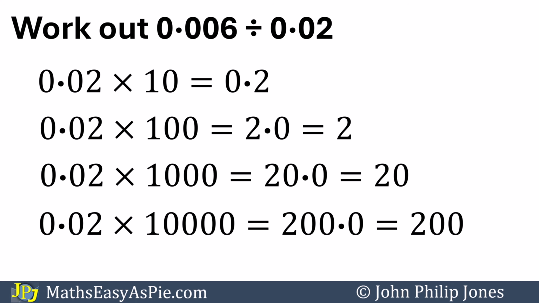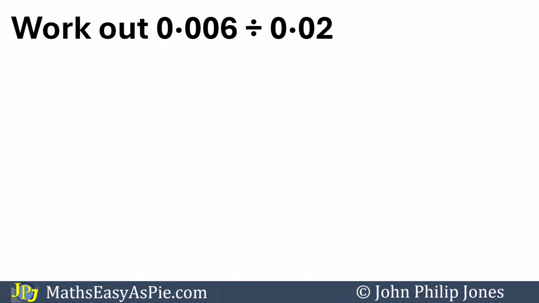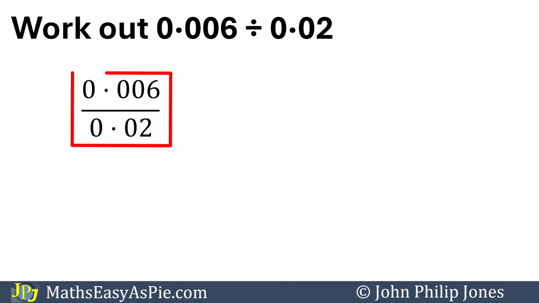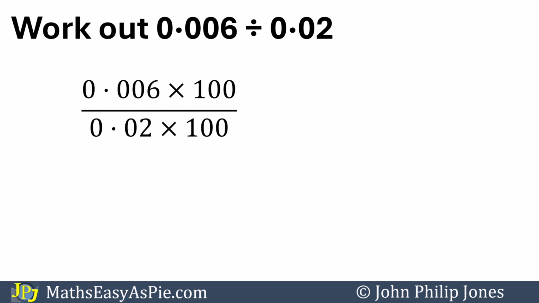I will now move on to show the steps needed to work out this division. My preference is to show the division as you see here, with the number doing the dividing on the bottom. And the step I'm going to take is to multiply the top and the bottom by 100, because this doesn't change the value because the hundreds can cancel.